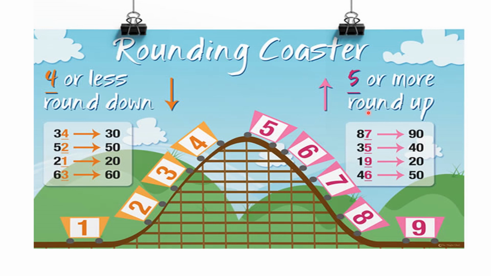And in case the digit is 5 or more than 5, then it will be rounded up like this. 87 will be 90, 35 will be 40, 19 will be 20, 46 will be 50, because in 87 the particular digit is 7, which is more than 5.